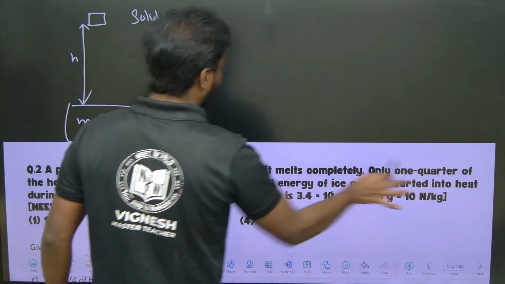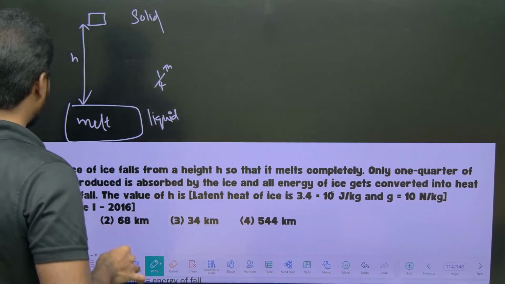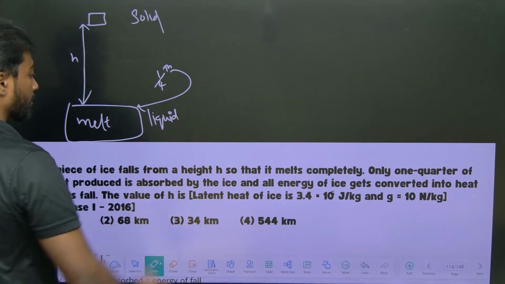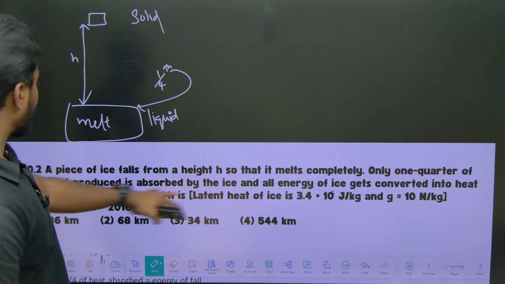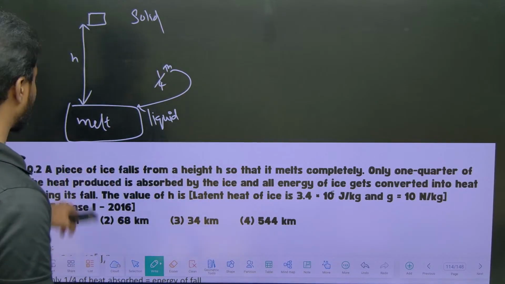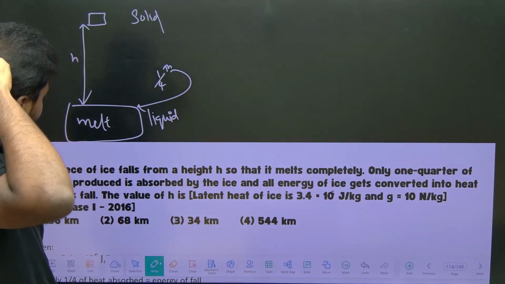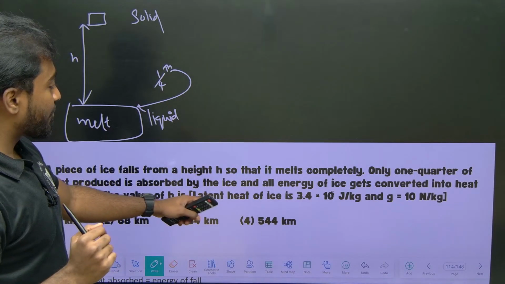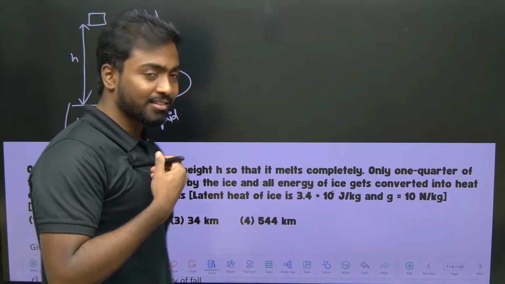Only 1/4 of the heat produced is absorbed by the ice, and all energy of the ice gets converted into heat during its fall. They are asking for the value of h, and they have given the latent heat of ice and g. Why do they need to give the latent heat of ice?